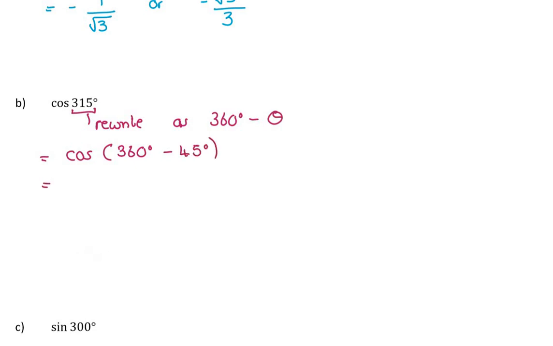And this is where I do my reduction, because I know that cos of 360 minus an angle is exactly the same thing as cos of that angle. And I know, because I'm working in quadrant 4, that cos is positive in quadrant 4. And so that's why I know it's the positive cousin of cos 45. Now, cos 45 again is a special angle. You're welcome to use your calculator, but eventually we should know that cos of 45 is root 2 over 2.